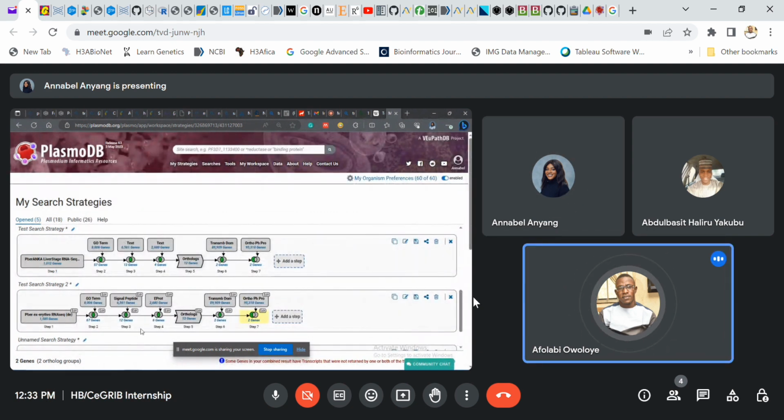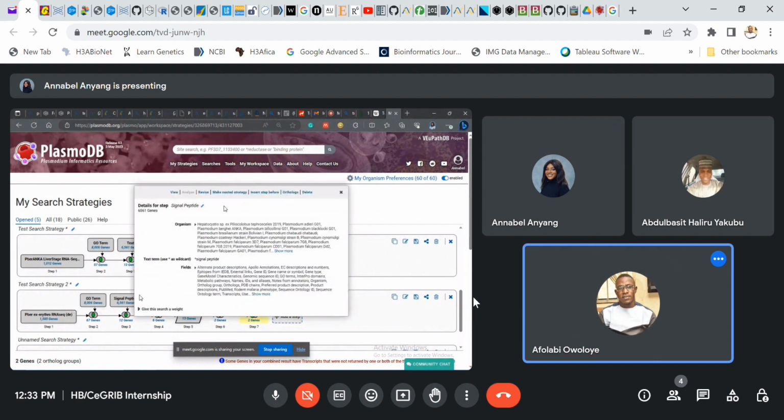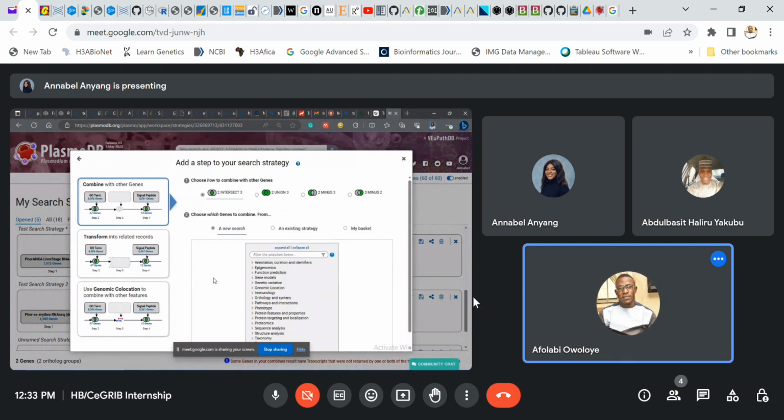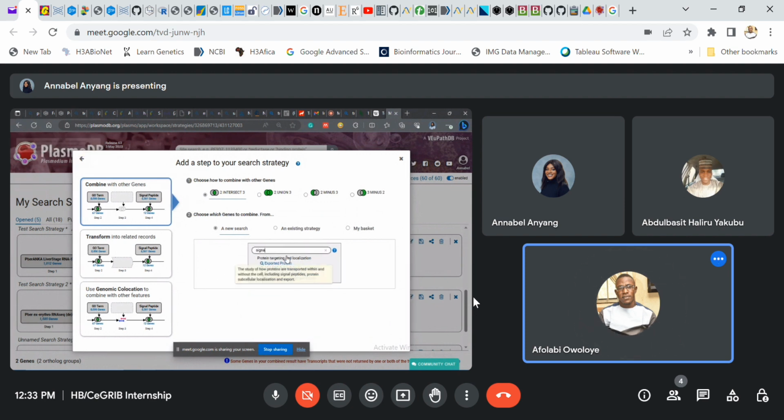Go to the signal peptide again. Revise. No, insert step before. Now, under your search box, type signal. Do you see it?